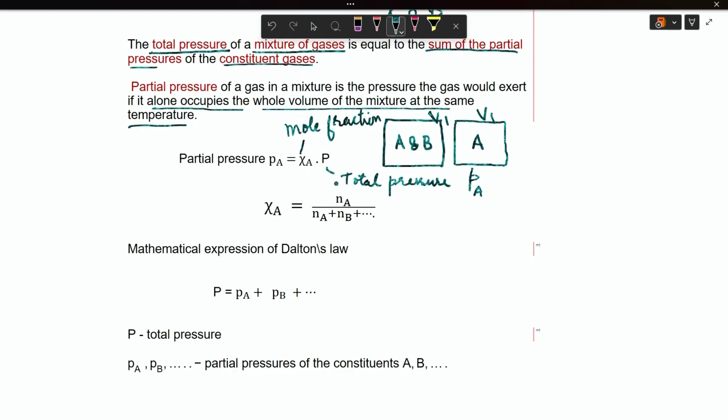Now, what is mole fraction? It is the fraction of the number of moles of that particular constituent to the total number of moles.